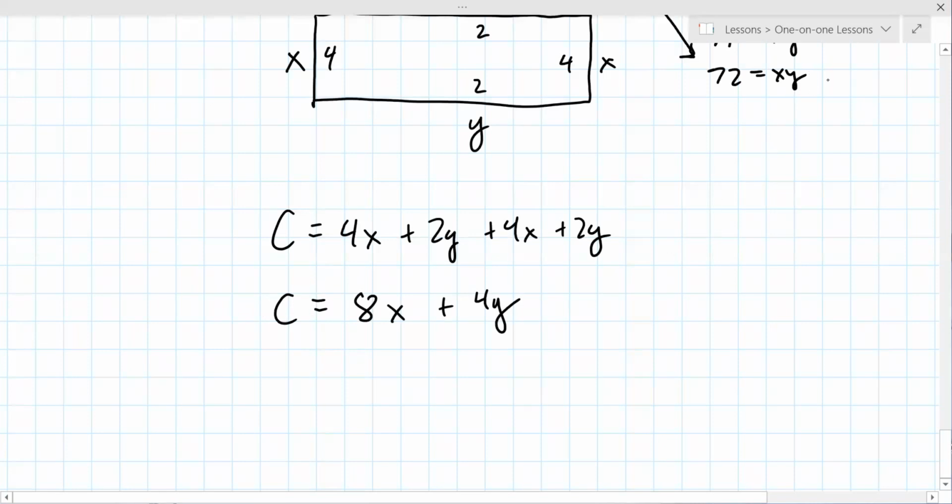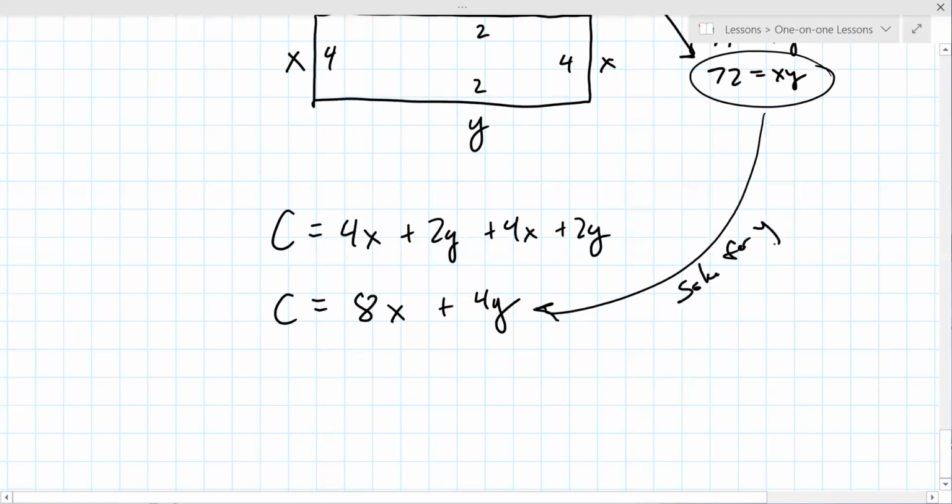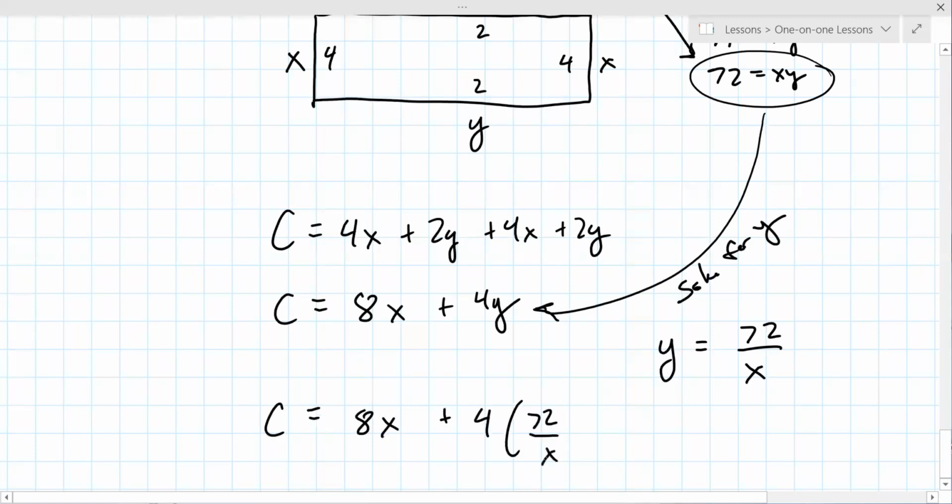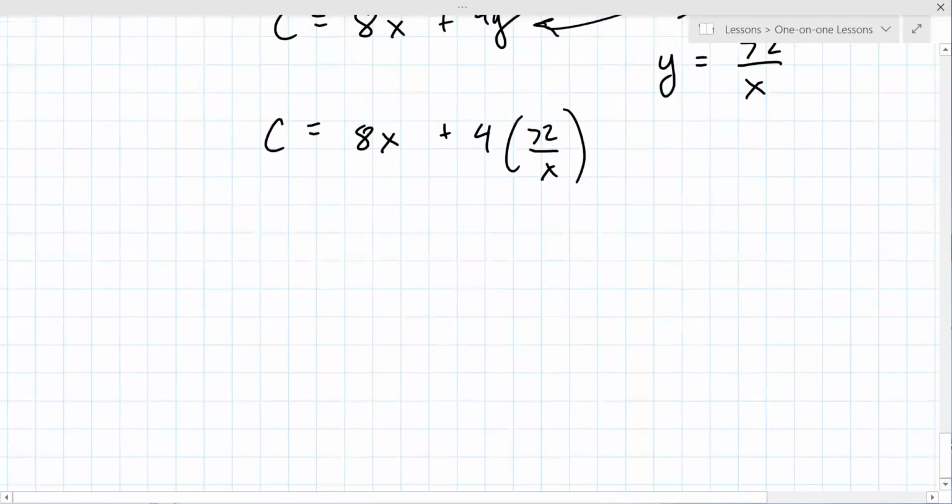Well, this is where you have to use this information here and plug it in for y. So you have to solve for y. You often do this, always solving for y. So that's 72 over x. So your cost is 8x plus 4 times 72 over x. So cost is 8x plus 288 over x.